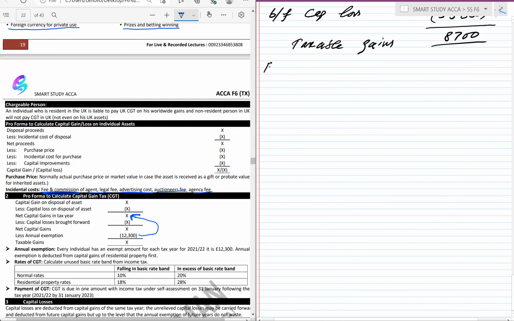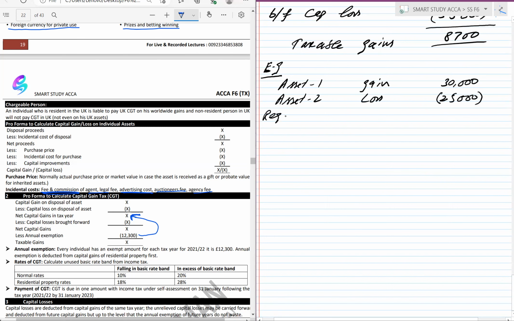So let's practice another example. On asset 1, we have gain of 30,000 pounds. On asset 2, we have loss of 25,000 pounds.